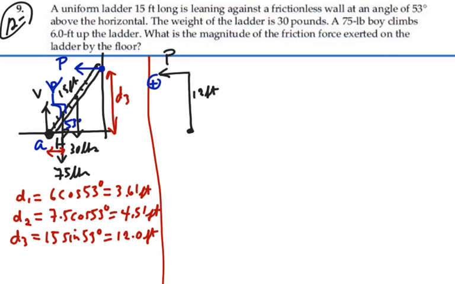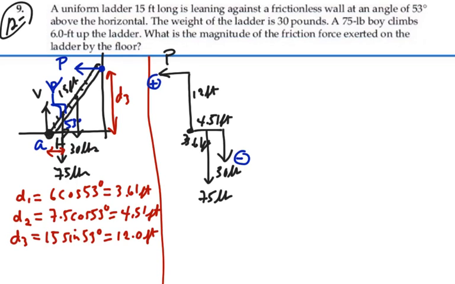And then I would have two other forces. I would have 30 pounds with a moment arm of 4.51 feet, trying to make this rotate clockwise, which would be a negative torque. And then I have the 75 pounds with a moment arm of 3.61 feet.